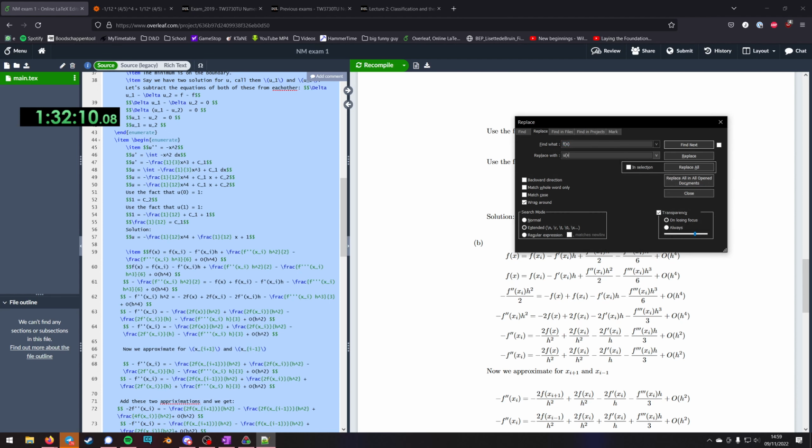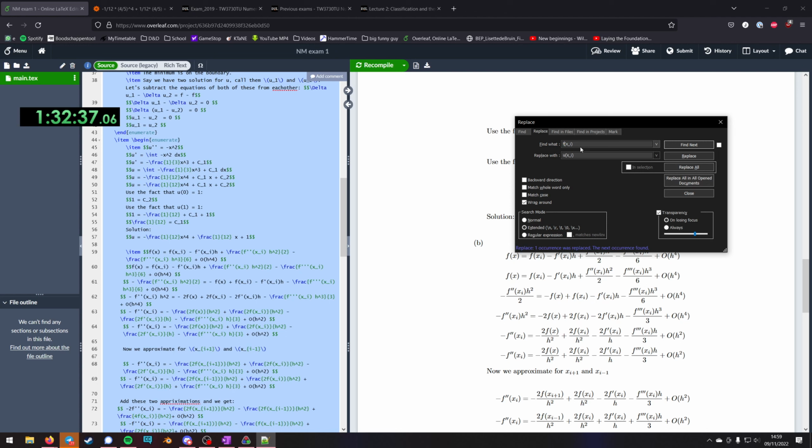F of X becomes U of X, and F of Xi becomes U of Xi. Now for the rest, we have F prime of Xi and F double prime.